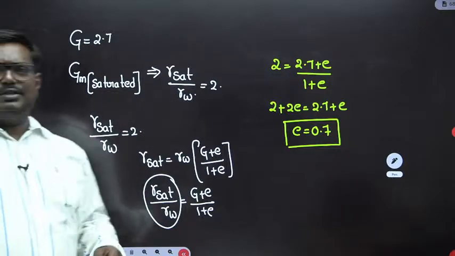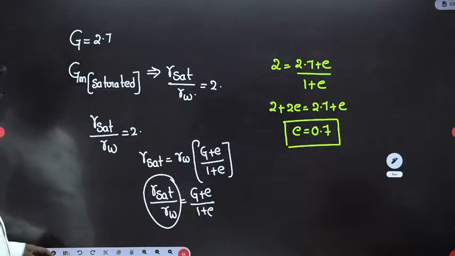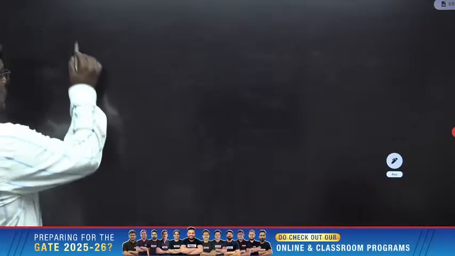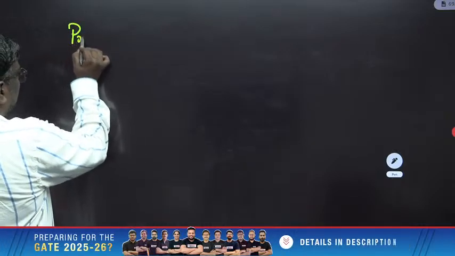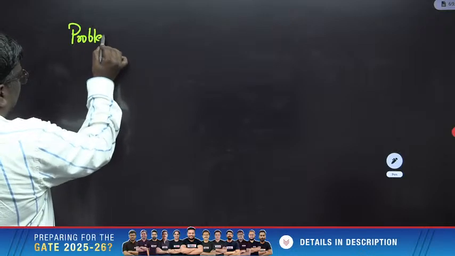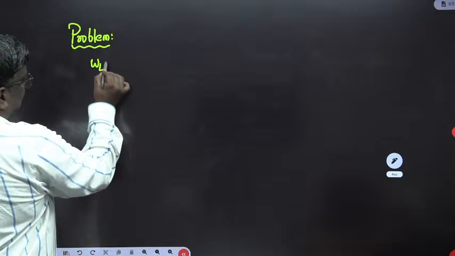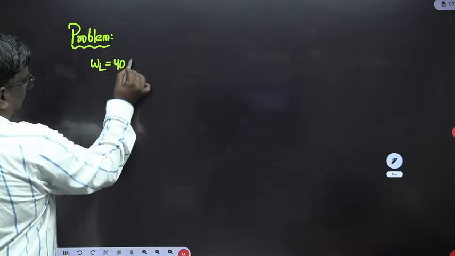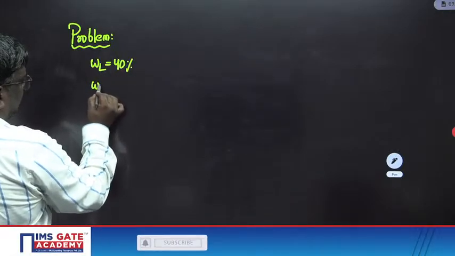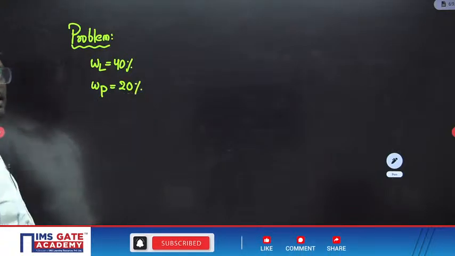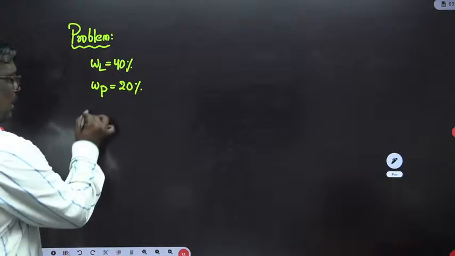Similarly, see students, what they can ask you in the plasticity chart. They can give you another kind of simple problem: if the liquid limit is 40 percent and plastic limit is 20 percent, classify the soil.